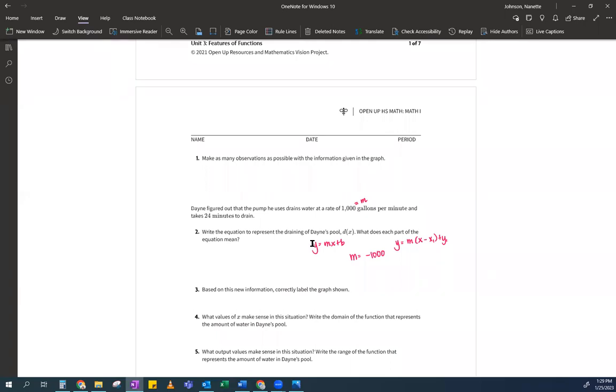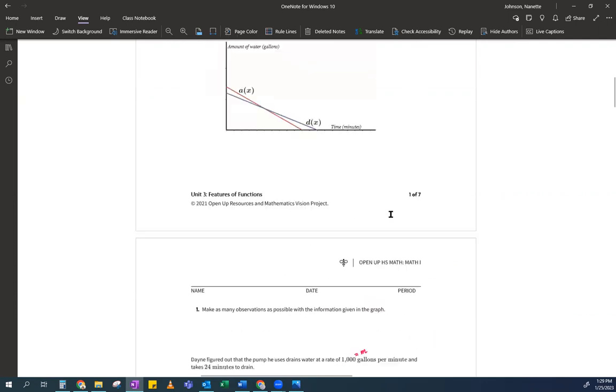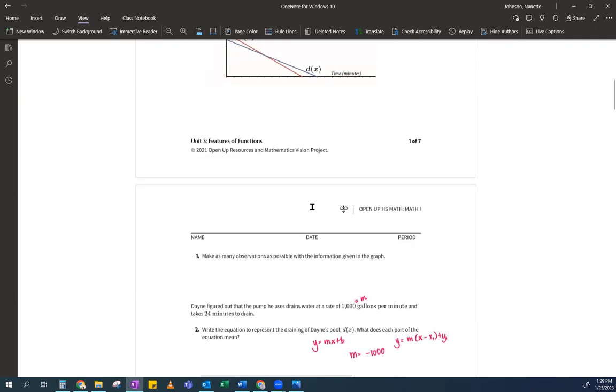It also means paying attention to the details, like it's giving you minutes here. They're screaming at you, I'm a minutes number, not a gallons number. This is not a gallons number. This is a gallons per minute number, right? Because they told you it takes 24 minutes to drain.